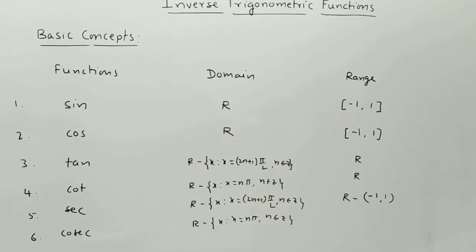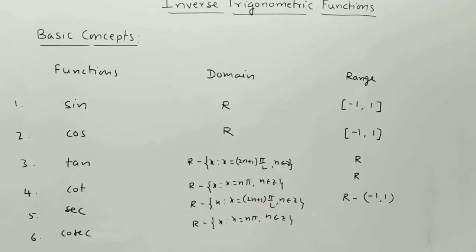Cosec minus pi by 2 is equal to minus 1 and cosec pi by 6 is equal to 2.